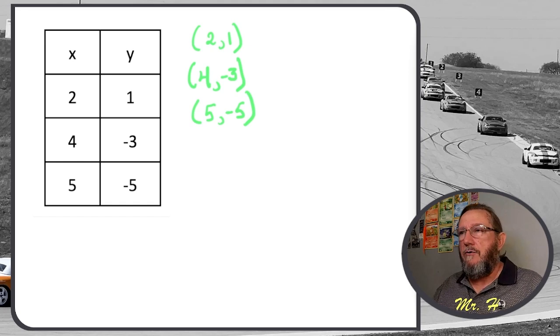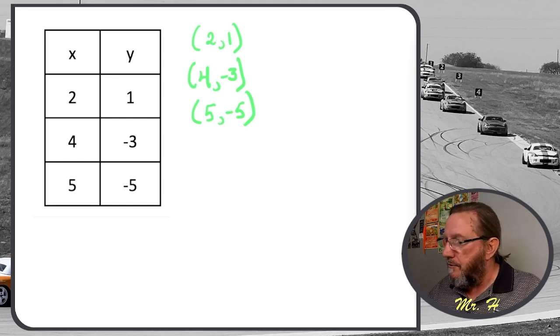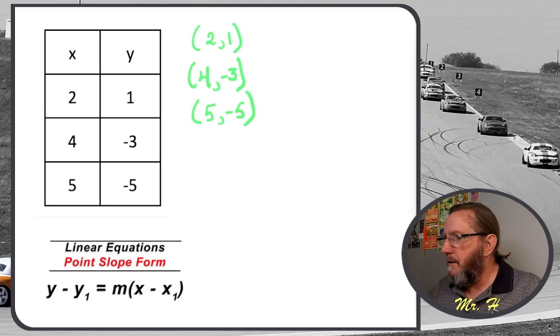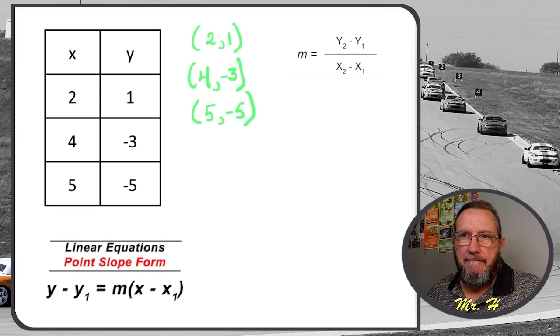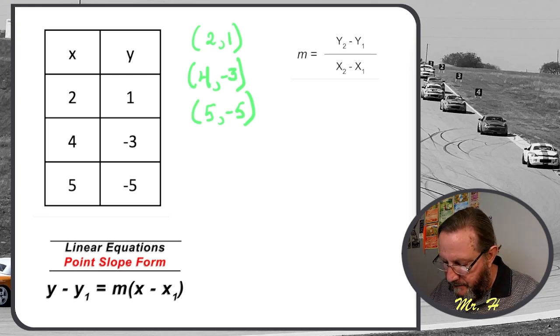I have no y-intercept. So that means I've got to be using this point slope form. That also means that I'm going to need to use the slope formula in order to get the slope. So we'll use the formula and we'll do the conceptual thing too. The conceptual one's going to be a little bit tricky, so let's see how you did.